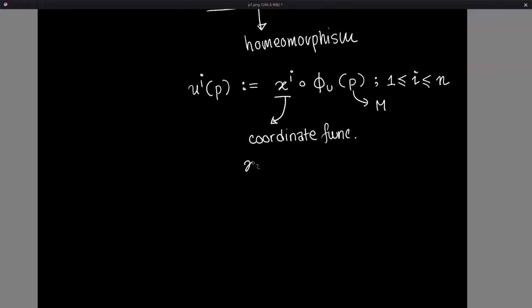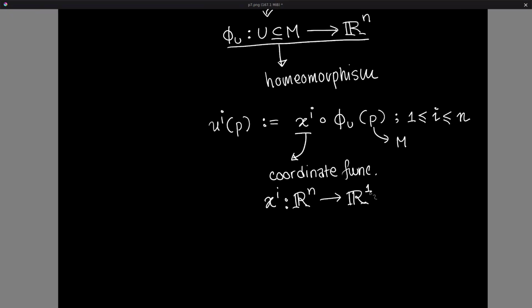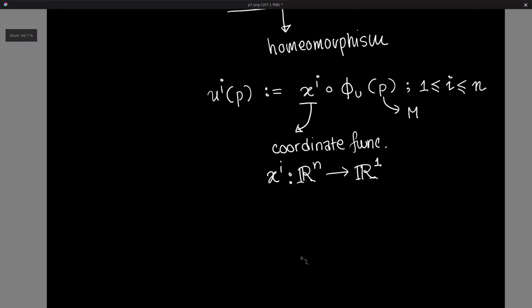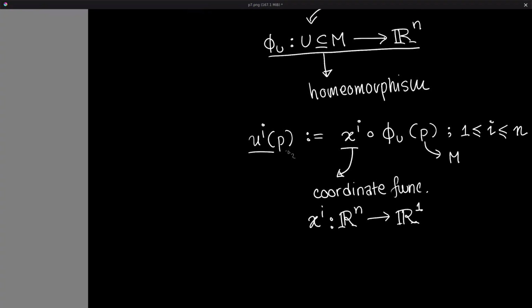The coordinate function is simply a function that goes from Rn down to R, R1. It returns the ith coordinate of the point in Rn. If you think of Rn as an ordered n-tuple, it will give you the ith entry in that n-tuple, and that gives us the local coordinates on U.